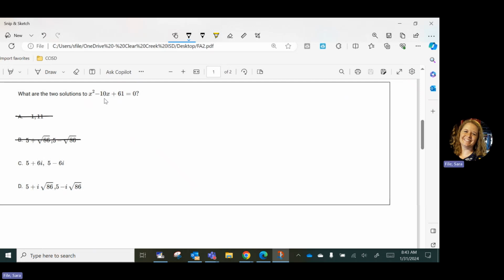I know I sang to you the Pop Goes the Weasel version of the quadratic formula to help you remember it. You don't have to have it memorized. You will have the quadratic formula on your scratch paper for the test. So knowing that, do you have a preference on completing the square or quadratic formula?